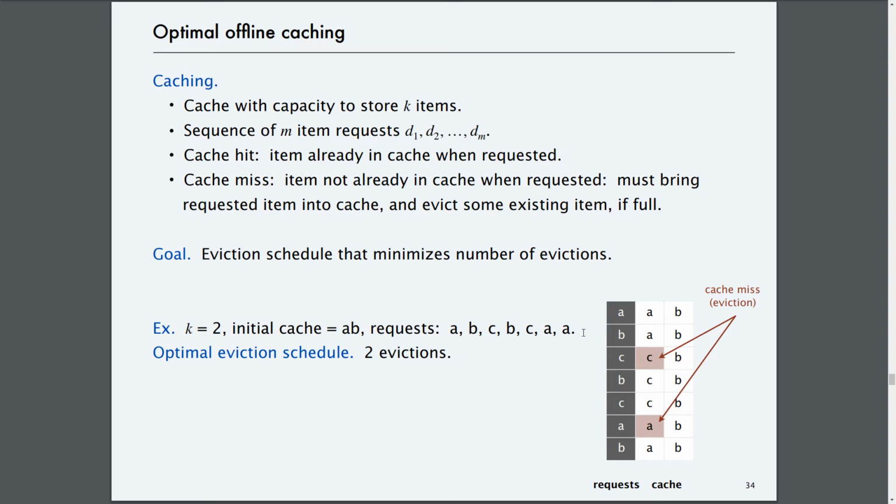So here we requested C, but it was not in the cache, so we had to evict A or B. We evicted A. Then we request B, it's in the cache, C is in the cache, and then we request A. And then we evict C for that, and place A in the cache. And finally we have a request for B, which is still in the cache.